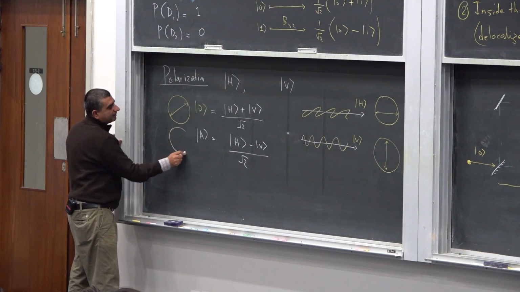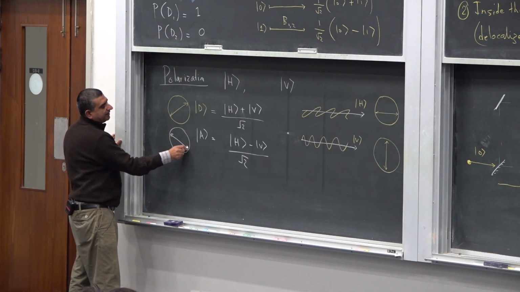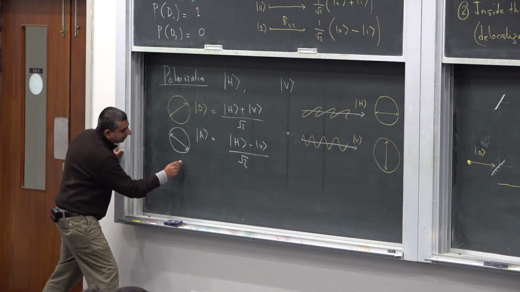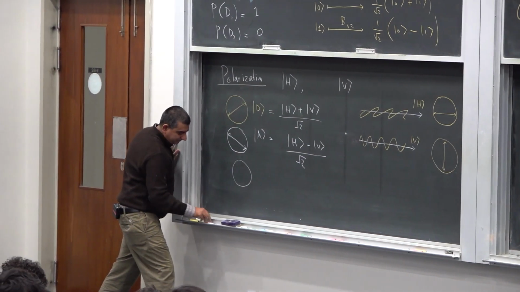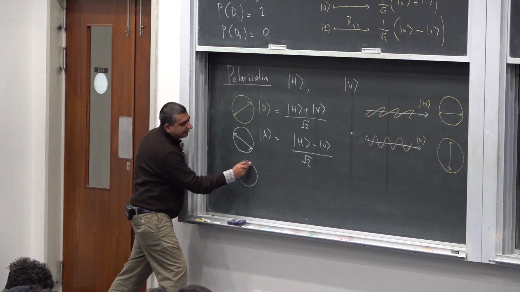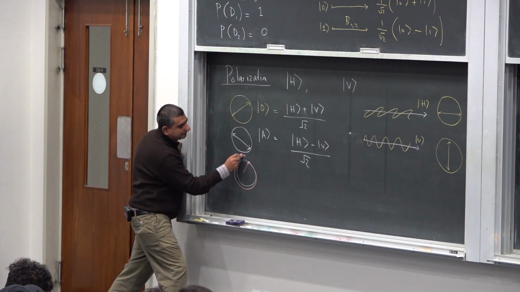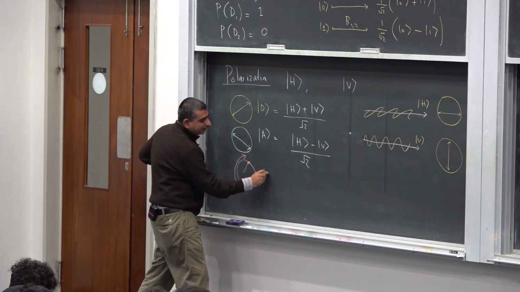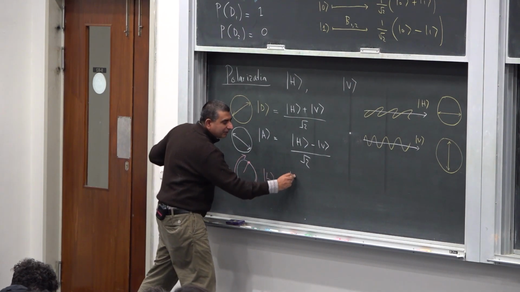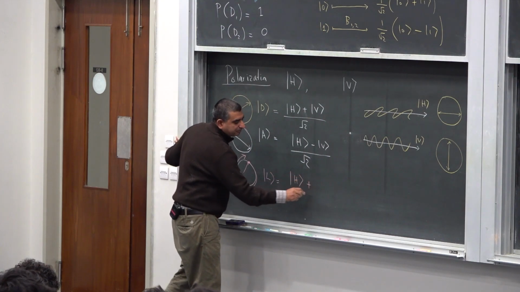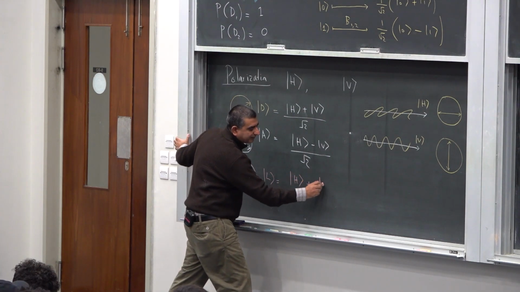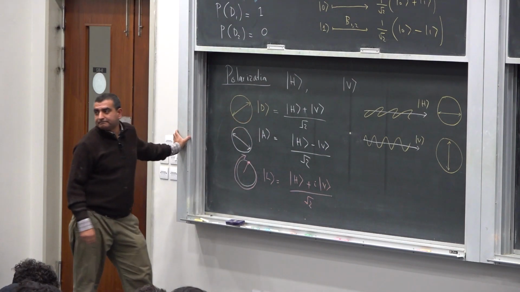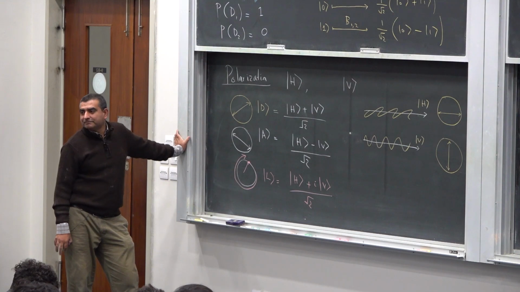So in this case, if I look head on, this is what the tip of the electric field is going to look like. I can also have a scenario in which the tip of the electric field moves around in a circle like this. Let's call it left circularly polarized photon. This will also have a superposition kind of representation of this kind. Okay?